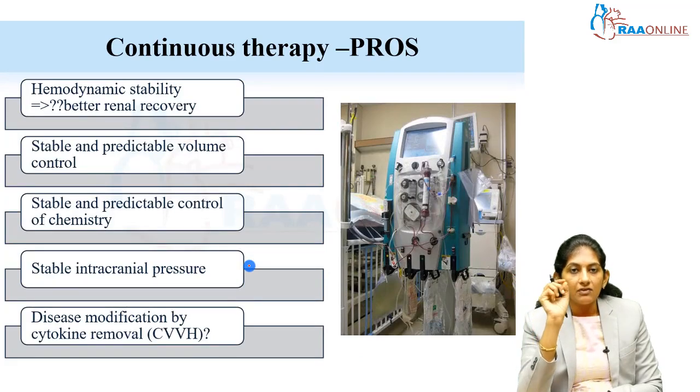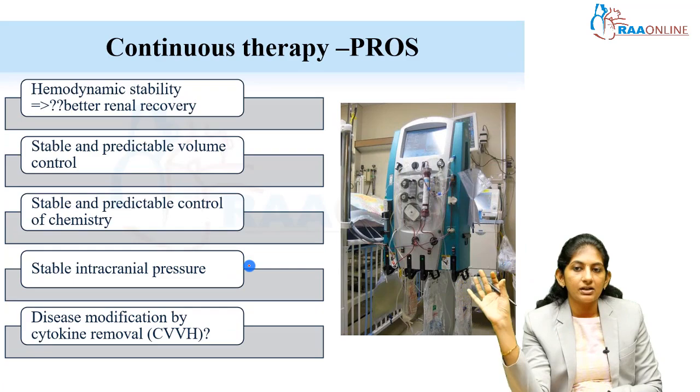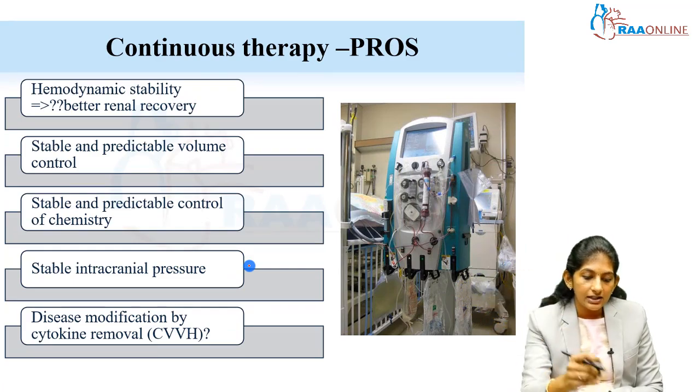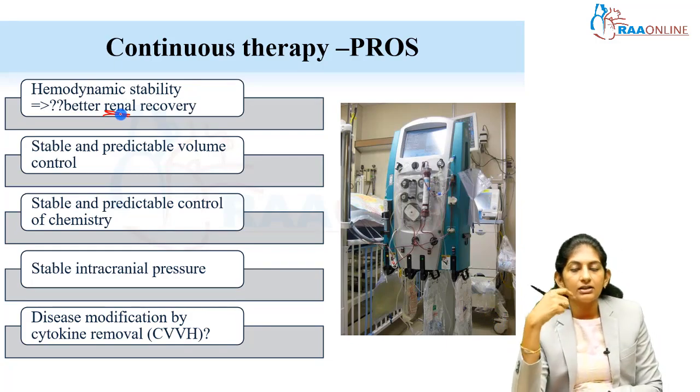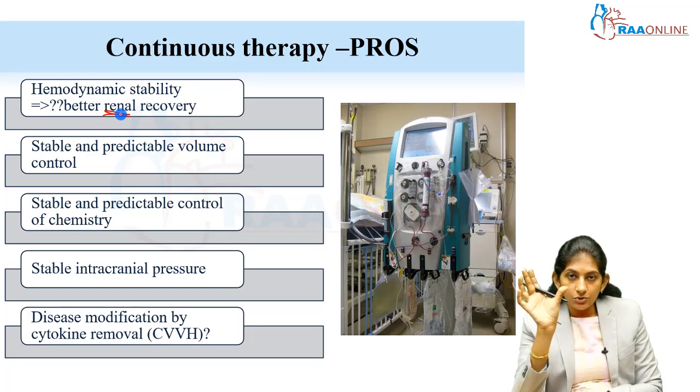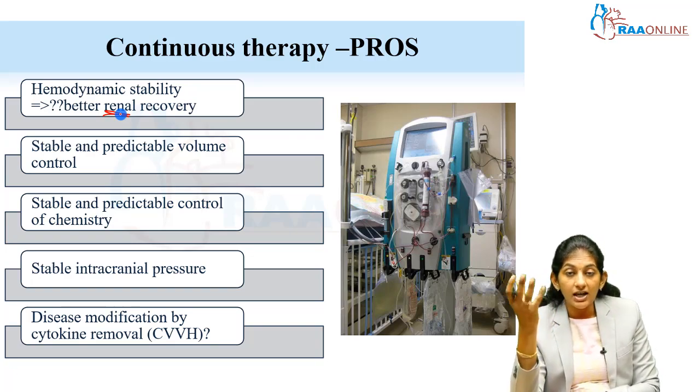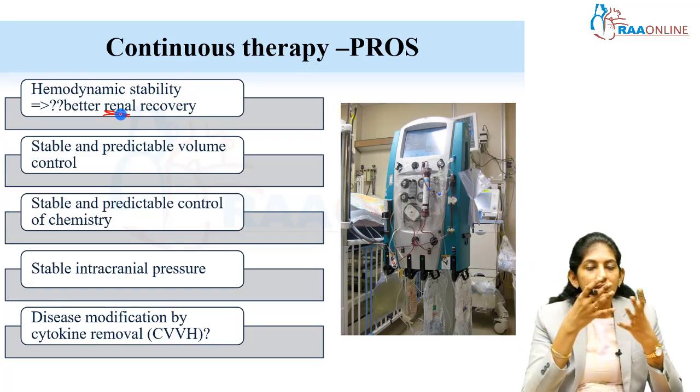Coming to the advantages of continuous renal replacement therapy. Continuous renal replacement therapy gives better renal recovery. So dialysis is happening continuously, right? There is better hemodynamic stability compared to the intermittent one, because intermittent is only during those times. During those 6 to 8 hours hypotension can occur, but here hemodynamic stability is better, and there is predictable volume control.